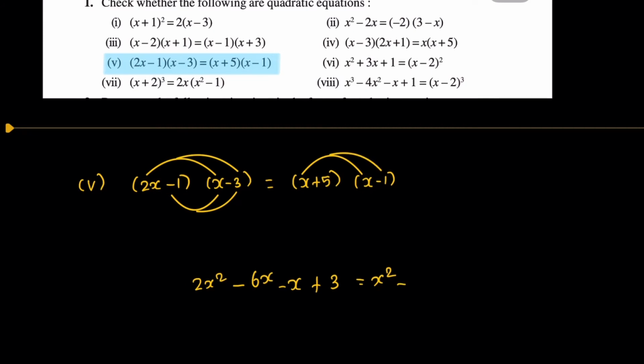So 2x times x is 2x square, and 2x times minus 3 is minus 6x, then minus 1 times x is minus x, and minus 1 times minus 3, two minus terms, so it becomes a positive 3. The right side is equal to x square minus x plus 5x minus 5.